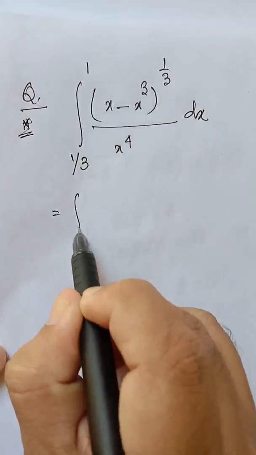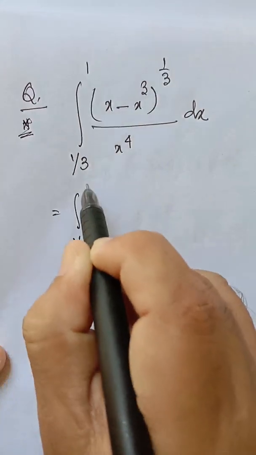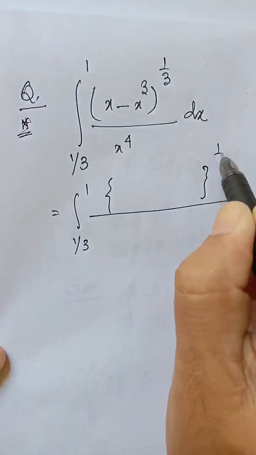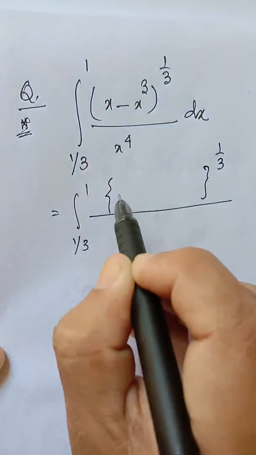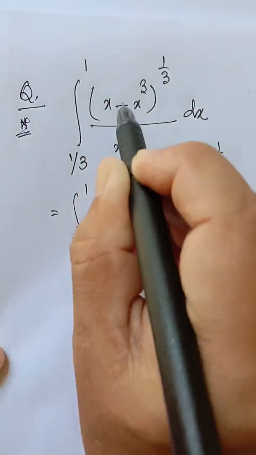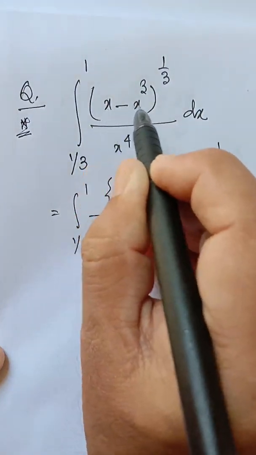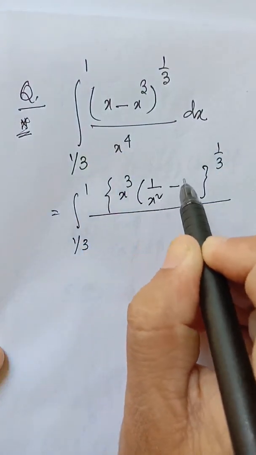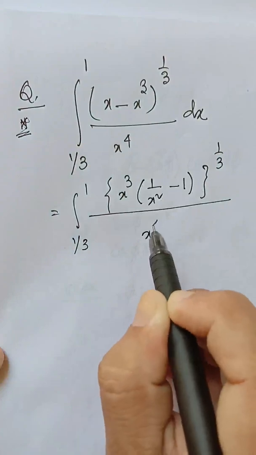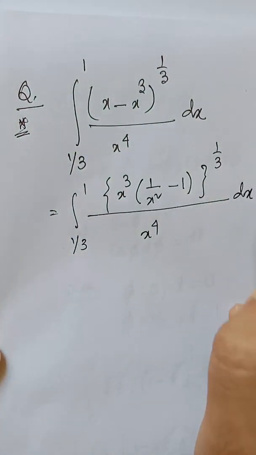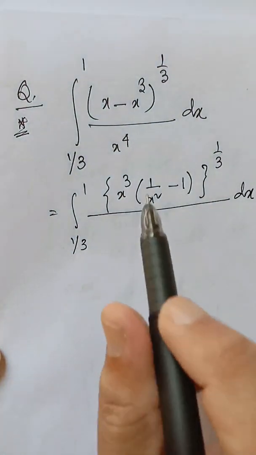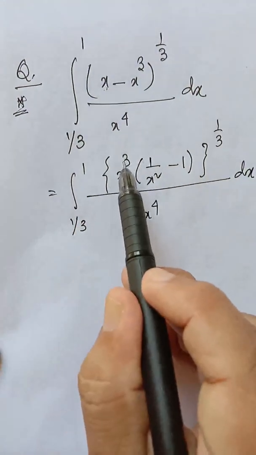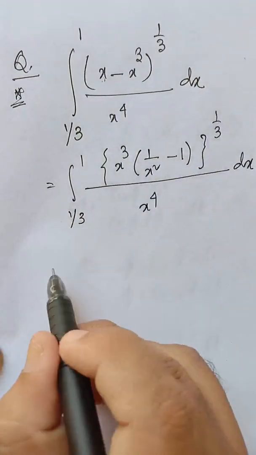Now, to integrate this, in the numerator we will take x cube common from these two terms, x minus x cube. This will be 1 by x square minus 1 by x to the power 4 dx. So what I have done is taken x cube common from these two terms. Now x cube to the power 1 by 3 is x.